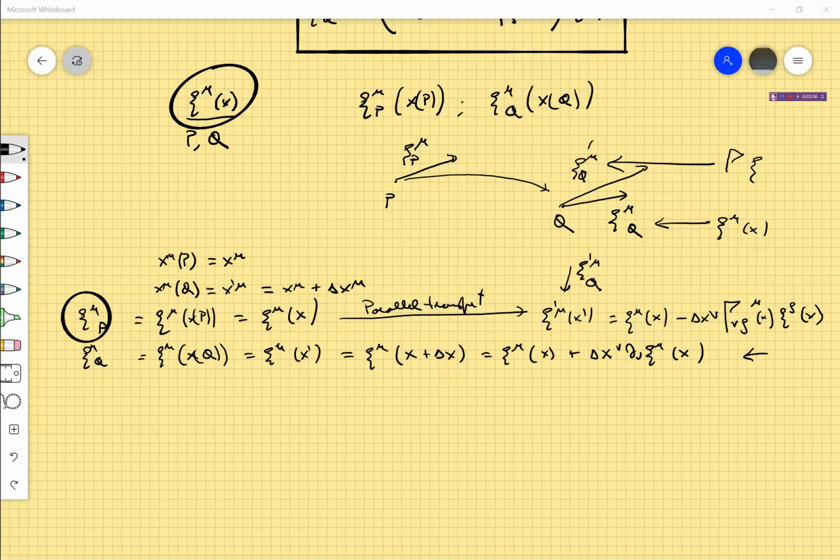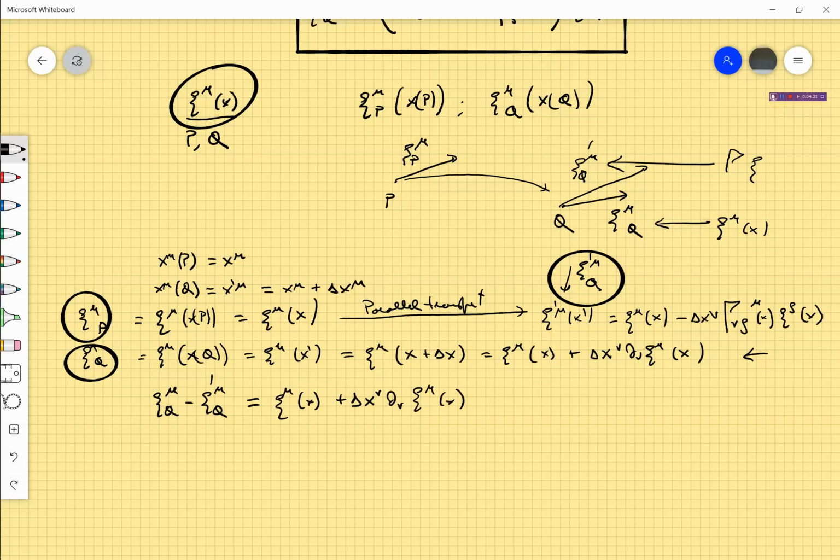Now the difference that we want to compute is psi mu at q minus psi mu prime at q. Okay, this is psi mu prime at q, and this is psi mu at q. So I just copy this expression here, and I subtract this expression here.